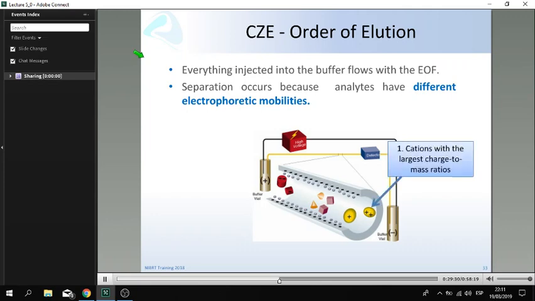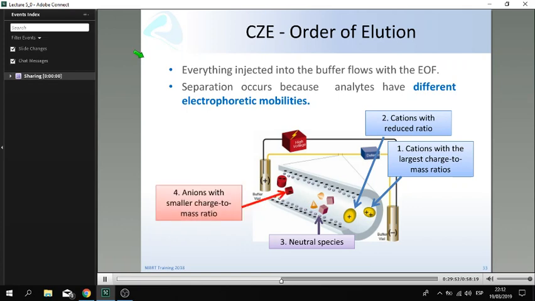The things that move quickest are cations with the largest charge to mass ratio, those that are the smallest and have the most positive charge. They are followed by cations with reduced ratio. Then you get your neutral species that don't really want to move but are moving because of EOF.